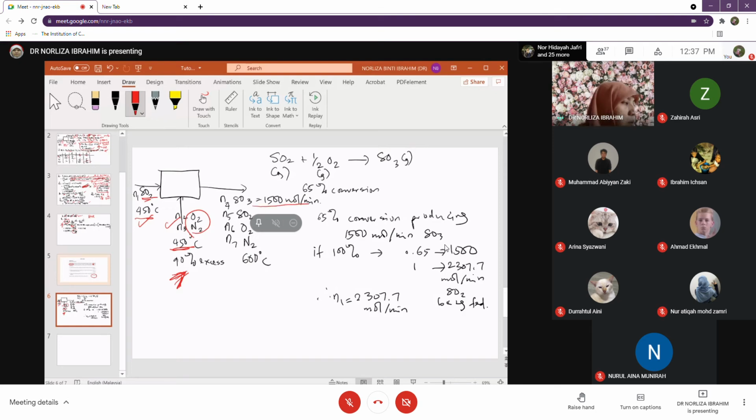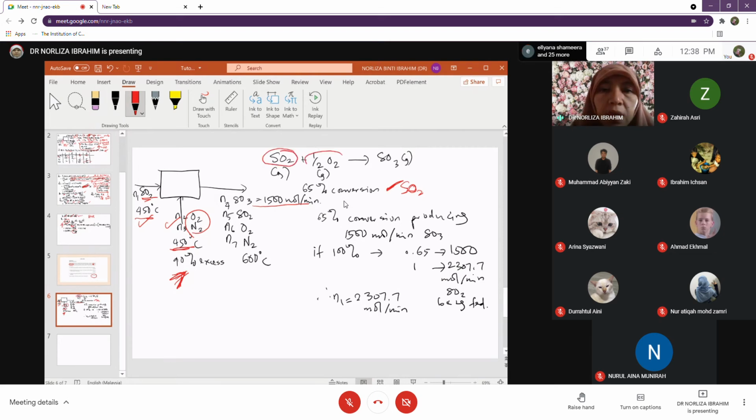So you have to use the information given from the conversion. The 65% conversion is referring to SO2, not oxygen. If you recall your CPP1, conversion normally refers to the limiting reactant. In this case, SO2 is your limiting reactant.